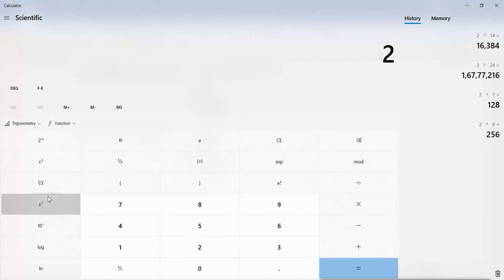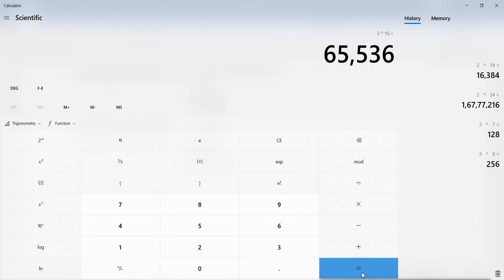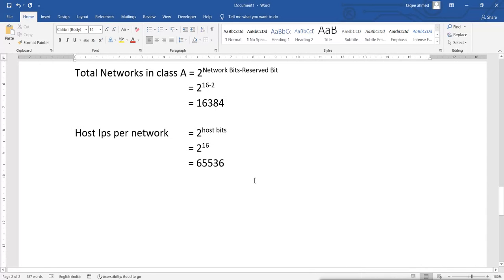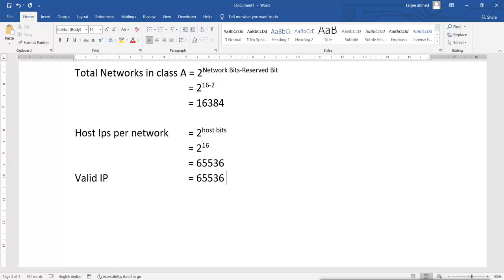2 raised to 16 gives you 65,536. But this is not the valid count, because for valid IPs you have to leave out 2 IPs, the network IP and the broadcast IP.